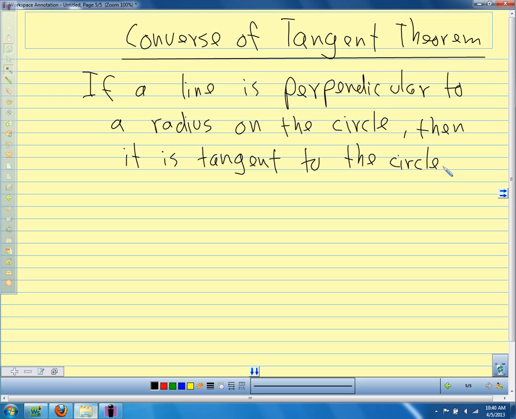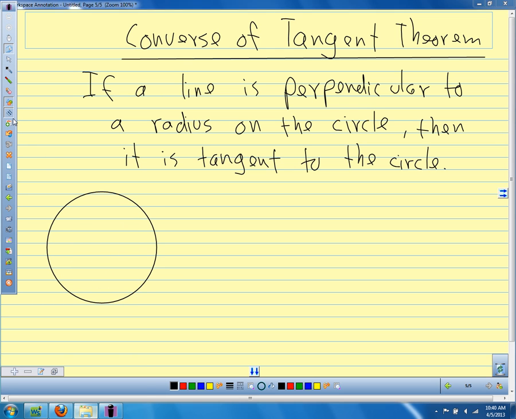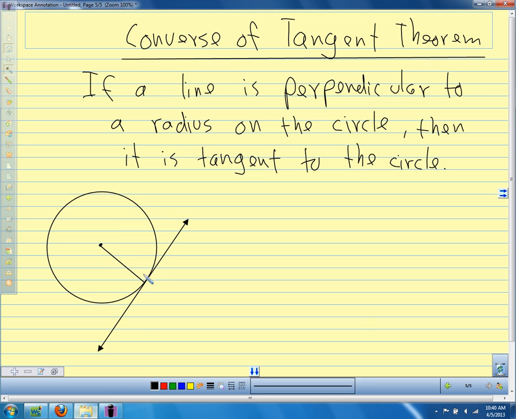So we can figure out about the tangents going either direction. And our drawing looks just the same as the other one we made. We have a tangent and we have a radius. So if we know that the radius and this line are perpendicular where they touch, that tells us that it's a tangent to the circle. It only touches the circle at that one point.